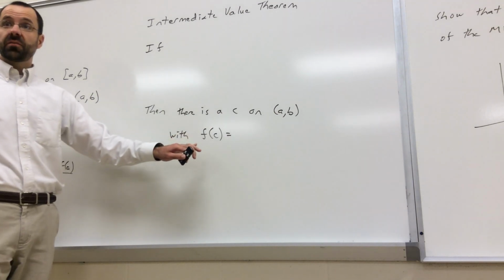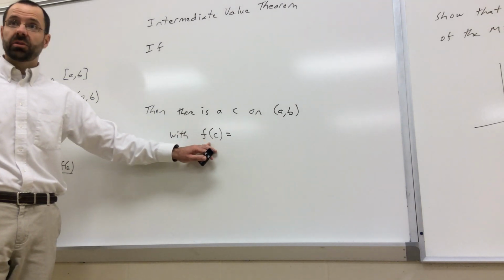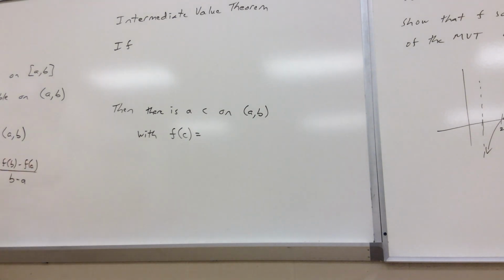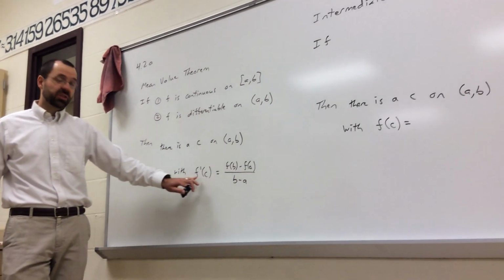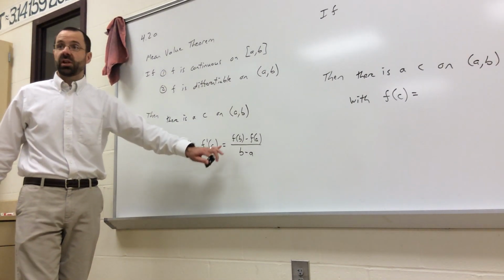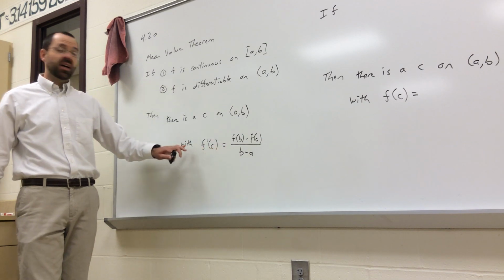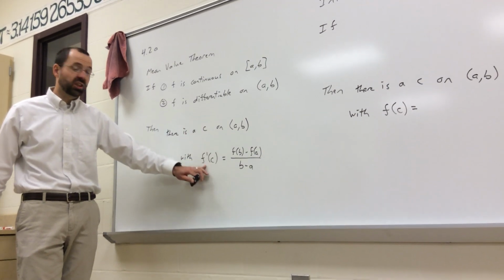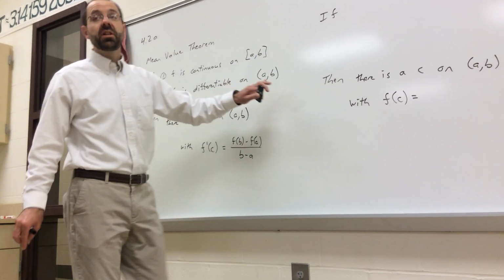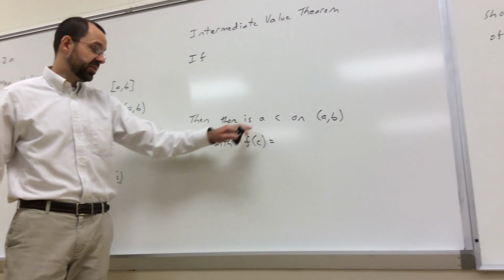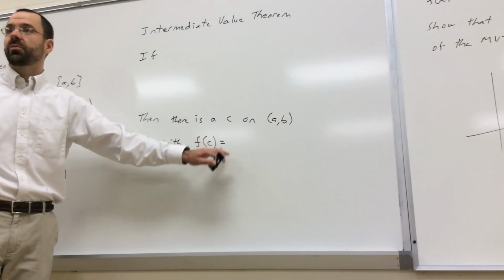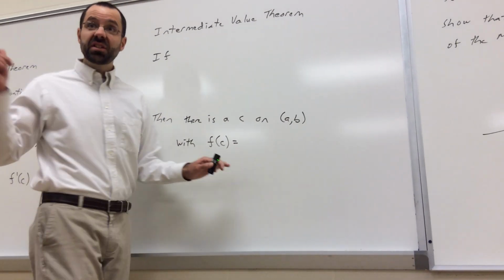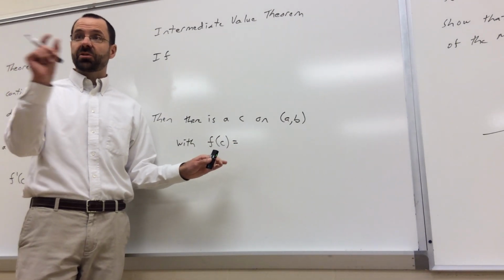So this is a big difference. This is the y value equaling something, right? As opposed to over here, this is the slope equaling something. So the mean value theorem is an existence theorem. It says that there's a place where the slope is something, and the intermediate value theorem says there's a place where the y value equals something. But they're both existence theorems, and they're both called value theorems.